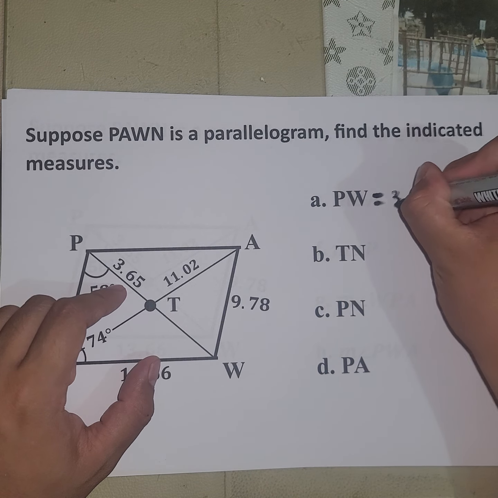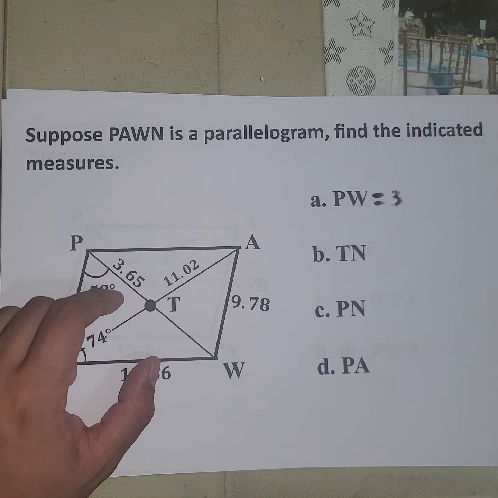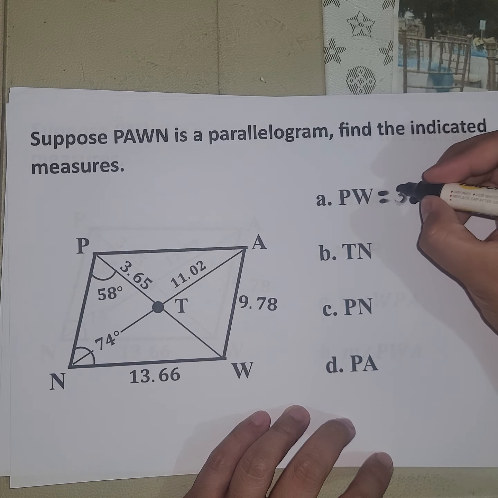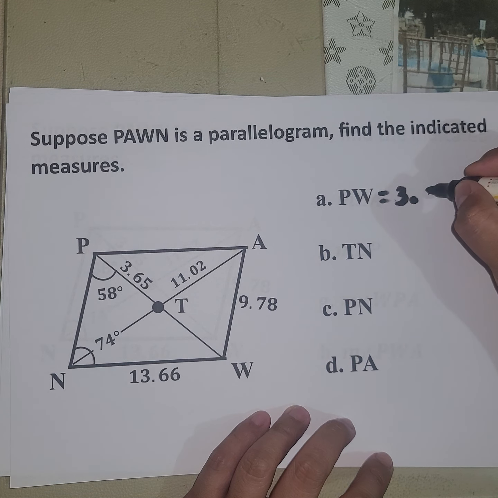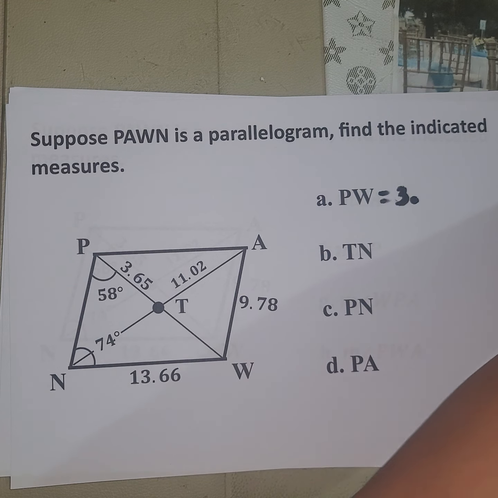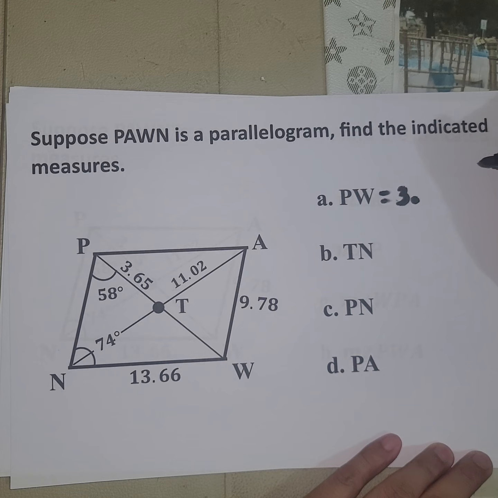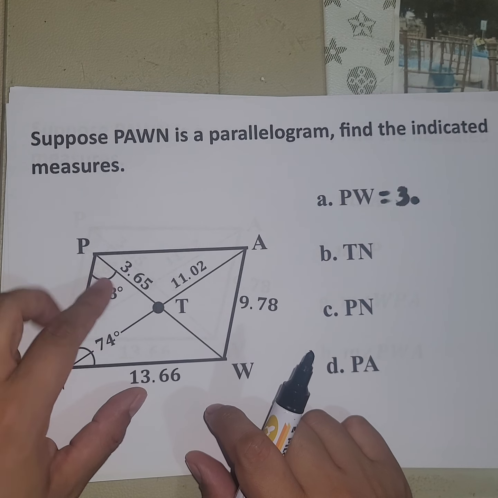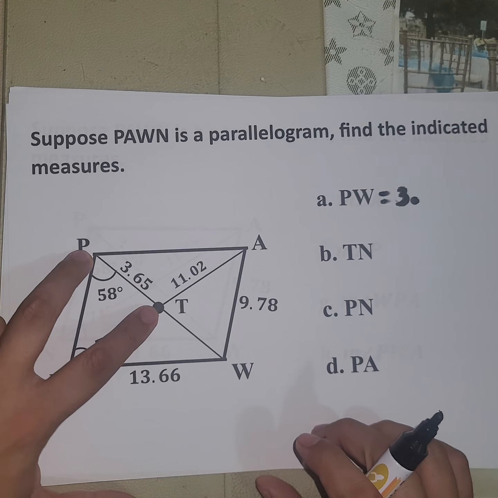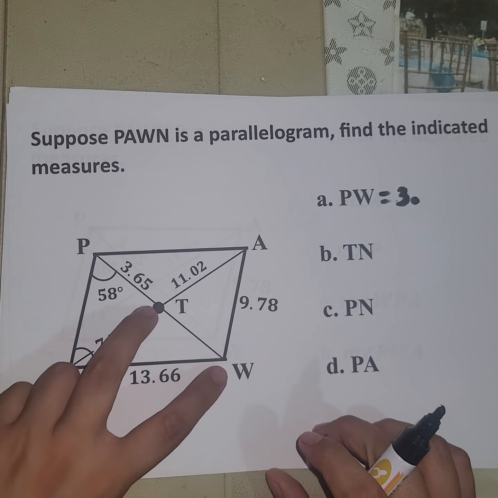Again, yung PT na 3.65, i-add natin doon sa TW na 3.65 para makuha yung kabuuan na PW.